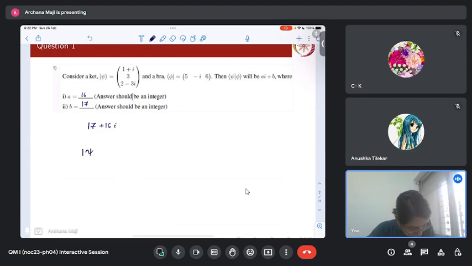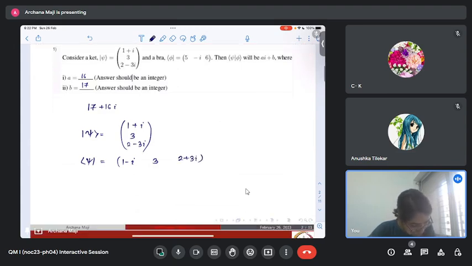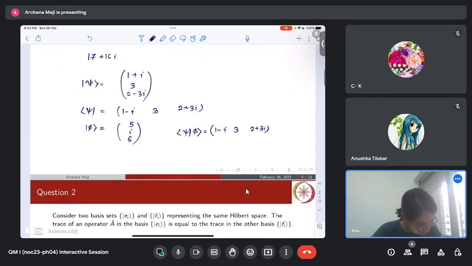So psi, when we take conjugate, we will get 1 minus i, 3, and 2 plus 3i, and phi ket will be 5i, 6. So the inner product of these two will be 3, 2 plus 3i, 5i, 6.